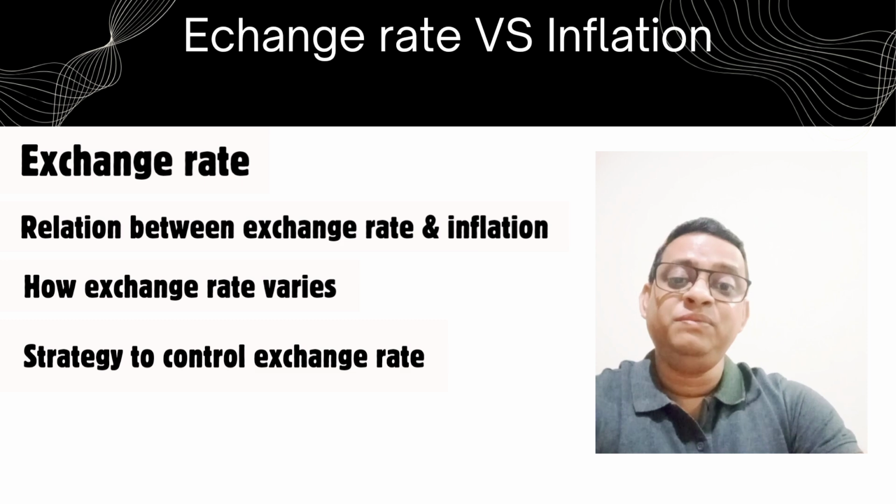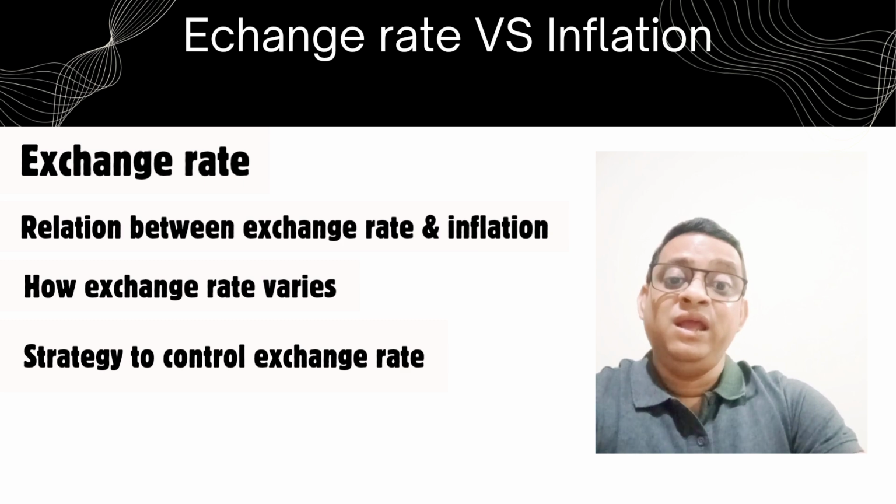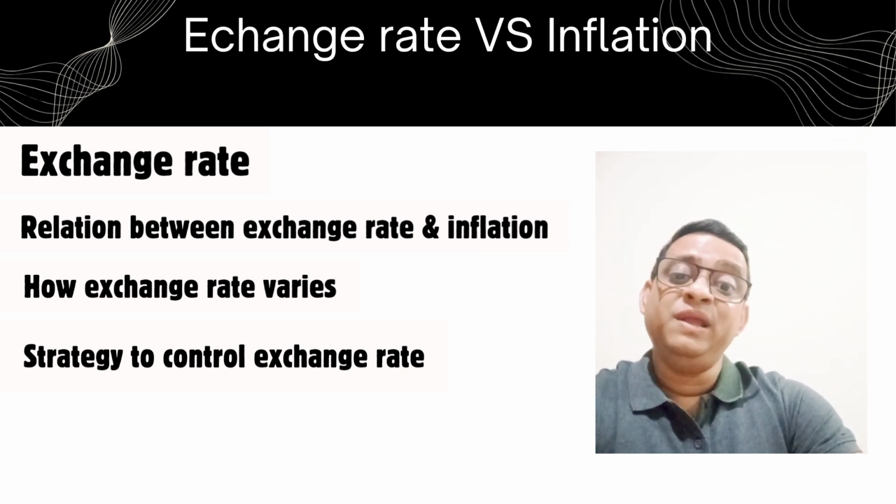So the number of dollars in our reserve should be as per the aggregated demand for dollars in our nation. If the number of dollars in our reserve is less, then automatically the value of the dollar will increase.